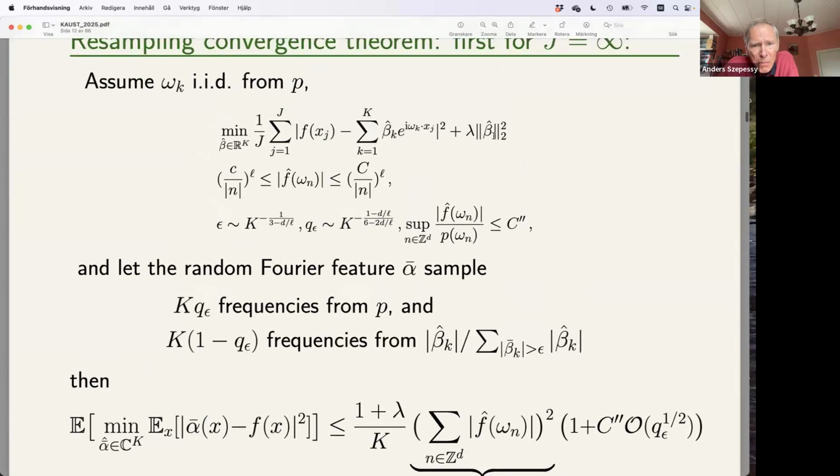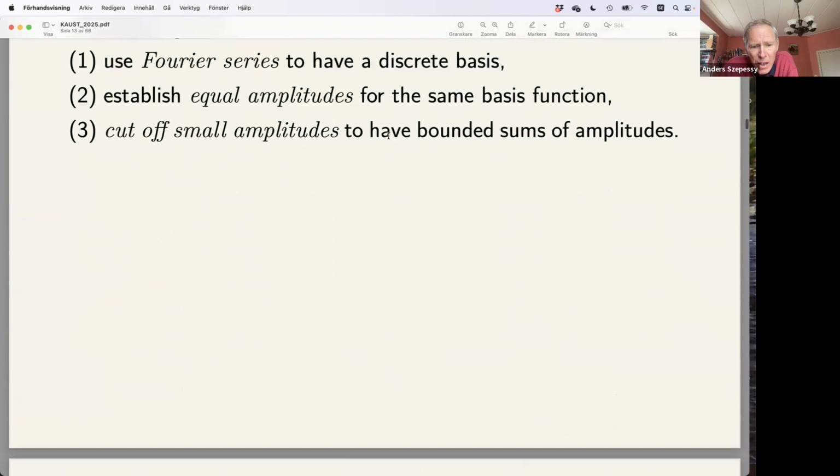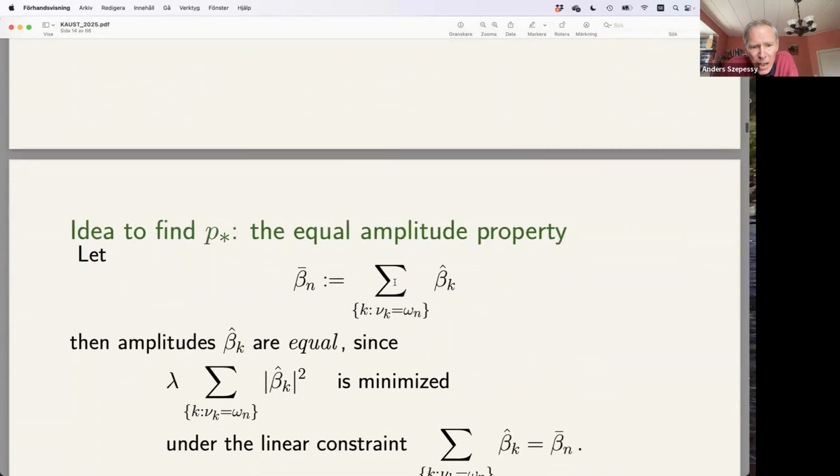Here we minimize this, so we have this penalty, and when we fix the basis function, we get the sum over all amplitudes for that basis function. That is what we have here.